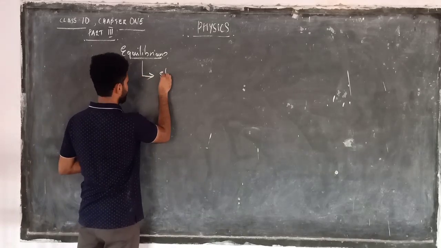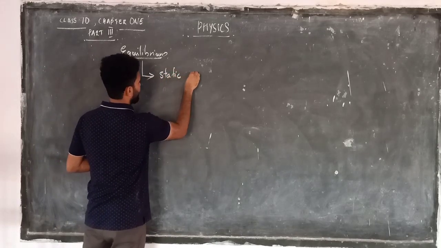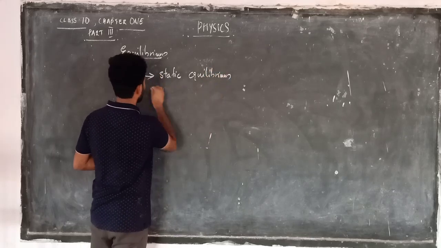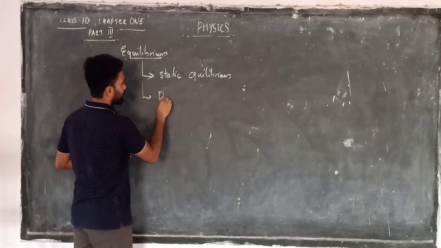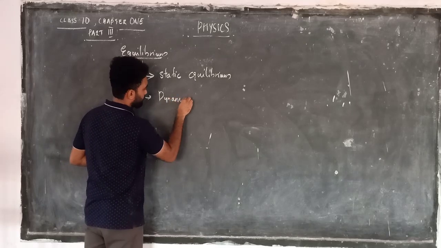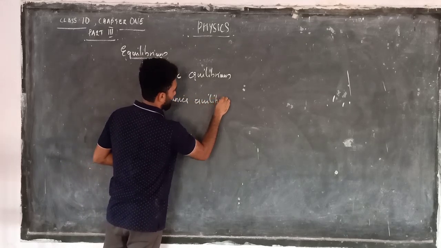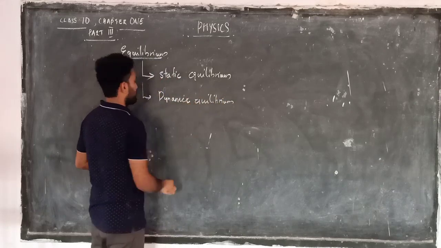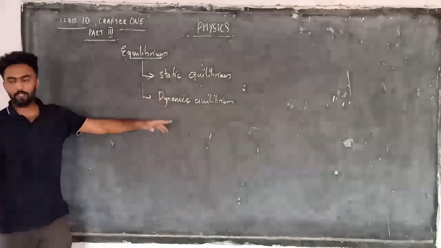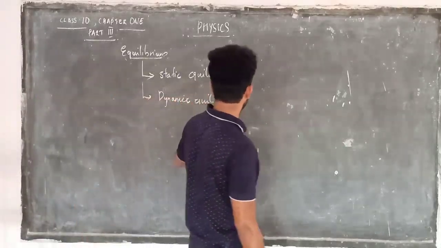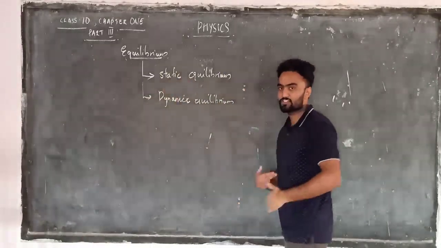On that basis, we can classify this equilibrium into two. One is static equilibrium, and the second one is dynamic equilibrium. Static equilibrium and dynamic equilibrium. Clear? So as the name says, static means stationary.